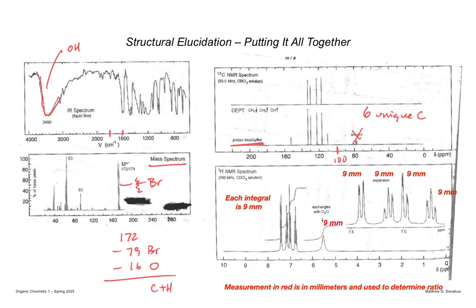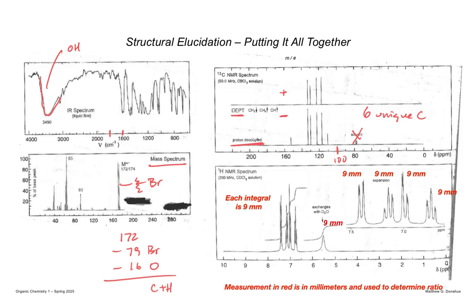Now let's look at the depth. We said anything that was above is phased positive. Anything below is phased negative. There's no signals below, right? When you see how these are stacked.